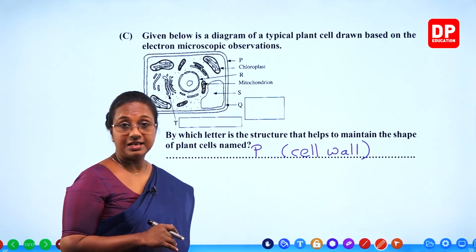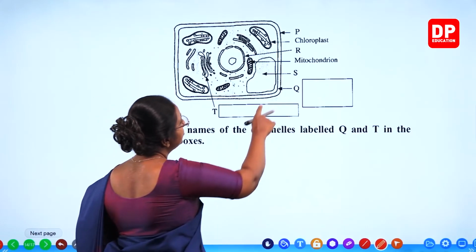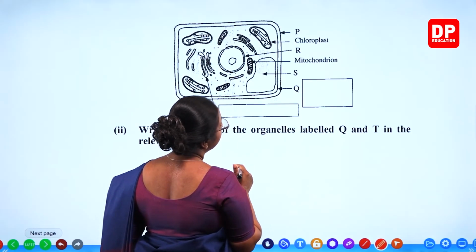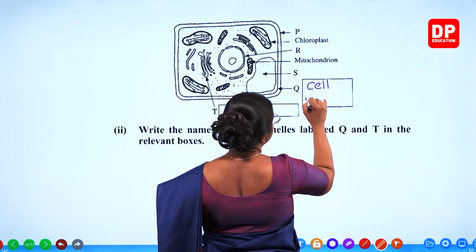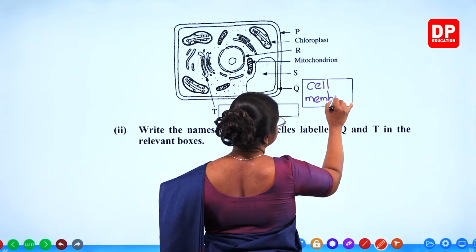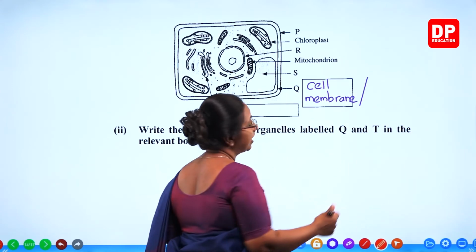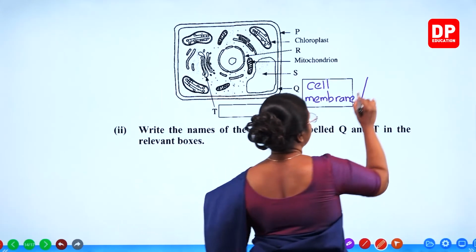So with that, the next part. Second part, the same diagram is given to you. Write the names of the organelles labeled Q and T in the relevant boxes. Now Q, like I showed you all, is the cell membrane or plasma membrane. So you can write it as cell membrane, I'll write the other answer outside. Now you will be writing only one answer, no? So no problem for you all.